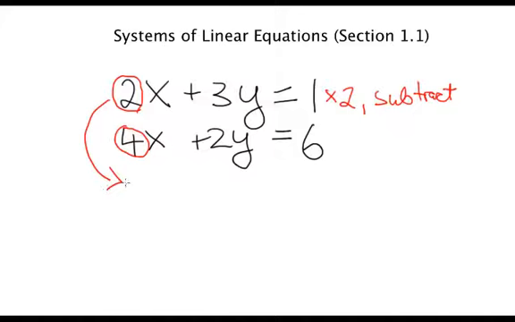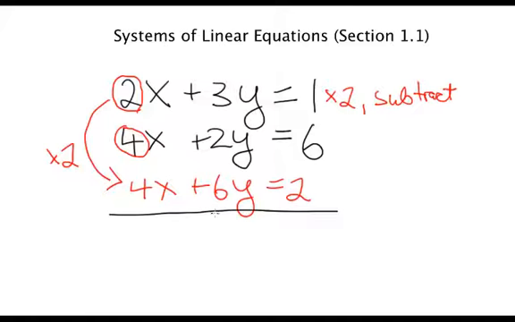You take this equation and you multiply it times 2 to get 4x plus 6y is equal to 2. And now we subtract the 2, and 4x minus 4x is 0. 2y minus 6y is minus 4y. And 6 minus 2 is equal to 4. And we conclude that y is equal to minus 1.